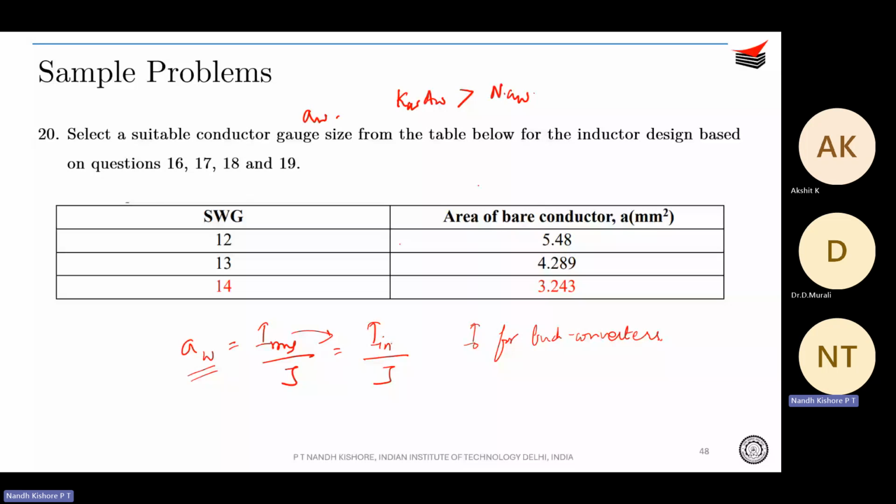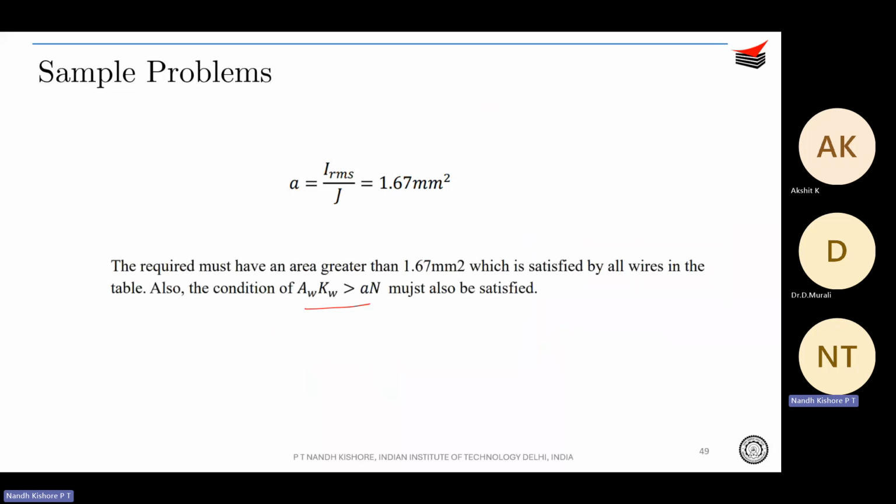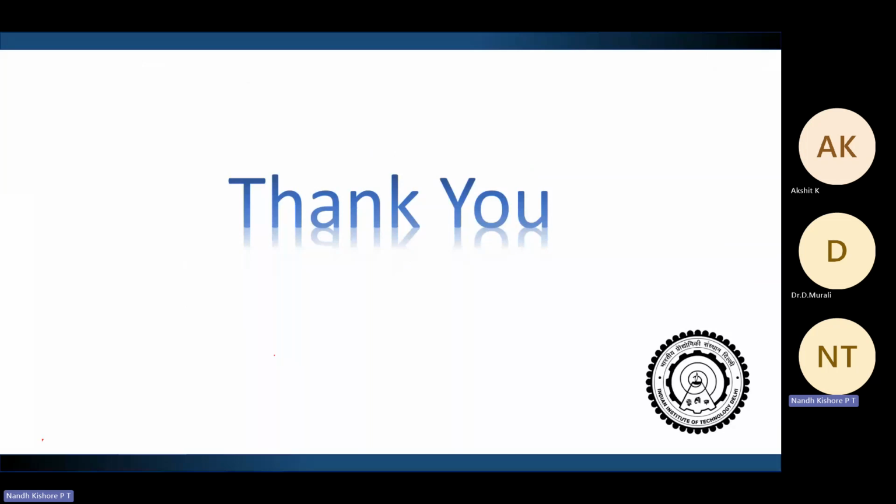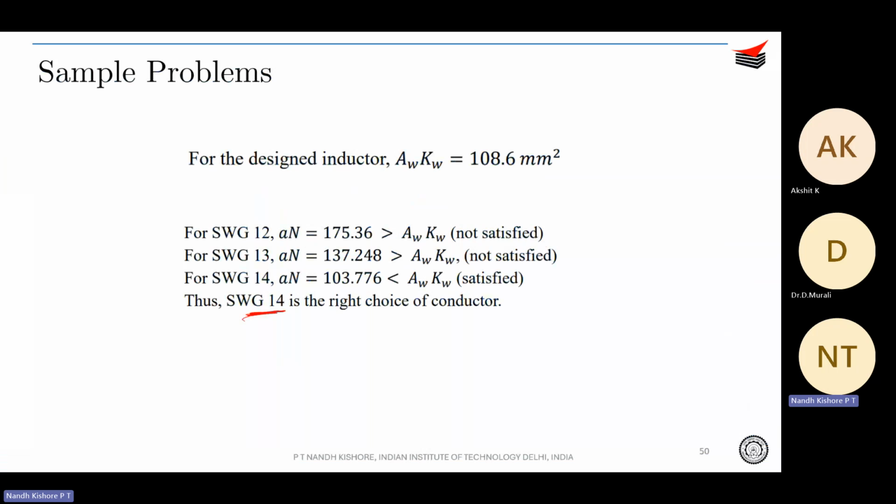For buck-boost, it is somewhere in the middle, so you have I naught by D, or sorry, I in by D. You also ensure that KW should be more than N into AW. With that, you choose the appropriate value for the wire gauge. So this concludes the problems.